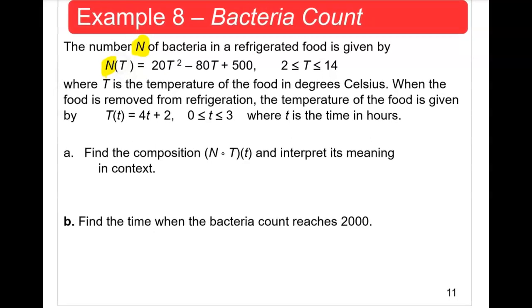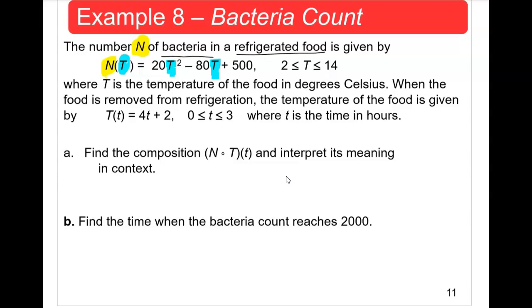Capital T is the input for function N. So if you notice here, capital T is in the equation, and that particular equation represents the number of bacteria in a refrigerated food.